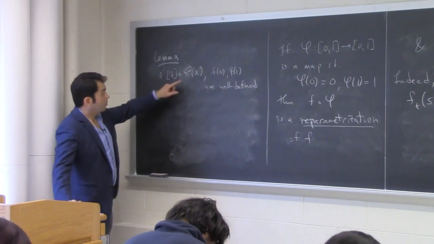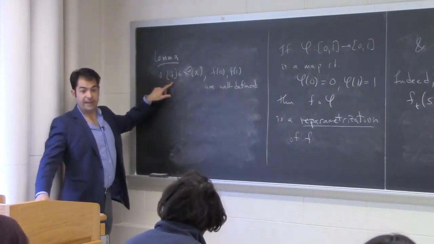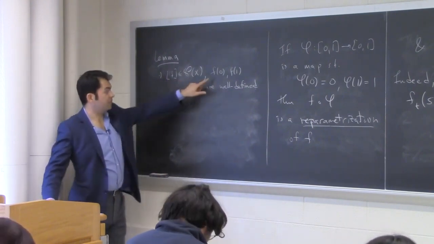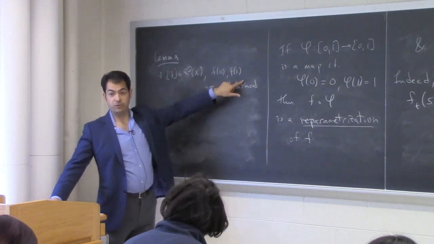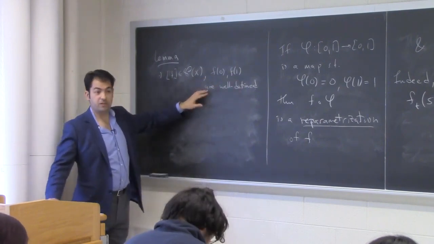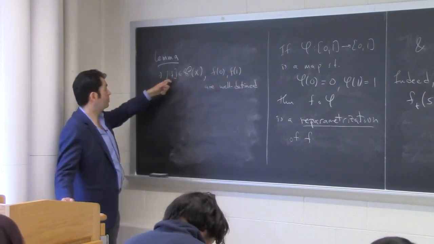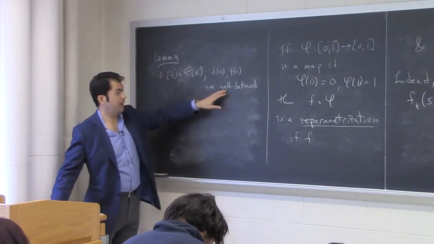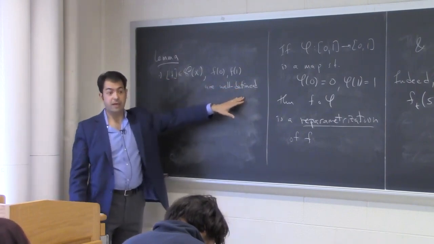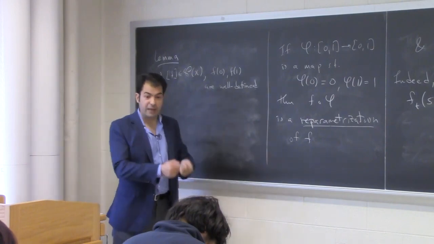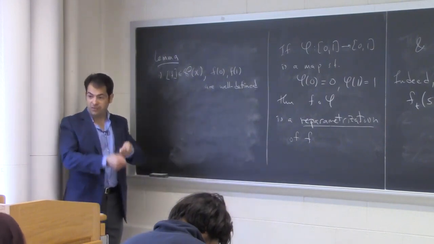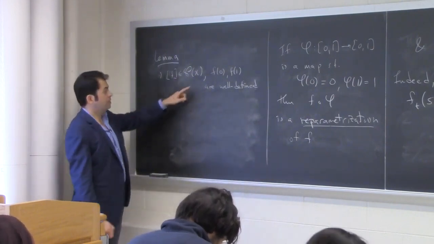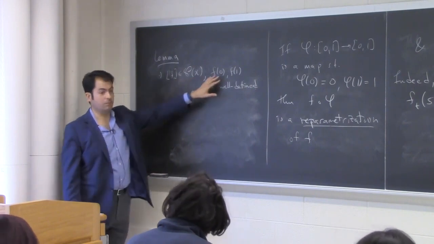You pick a representative F and look at its endpoints, and well defined means it didn't depend on the choice. This is trivial from the definition of path homotopy. Path homotopy fixes endpoints, so anybody in the class has to have the same endpoints.